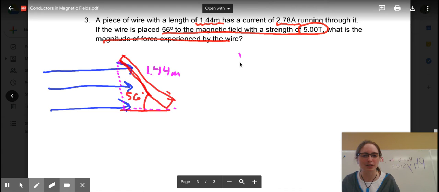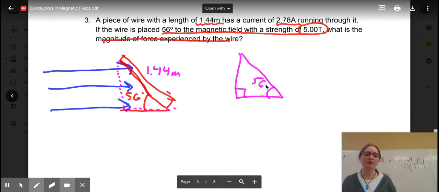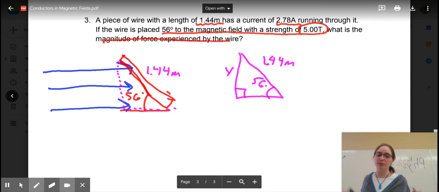Let's draw this out as a triangle. This is supposed to be a right triangle, guys. Please forgive me. There's 56 degrees, and then we've got the 1.44 meters. I want to find the value that I'm going to call Y, on the Y-axis according to my view.